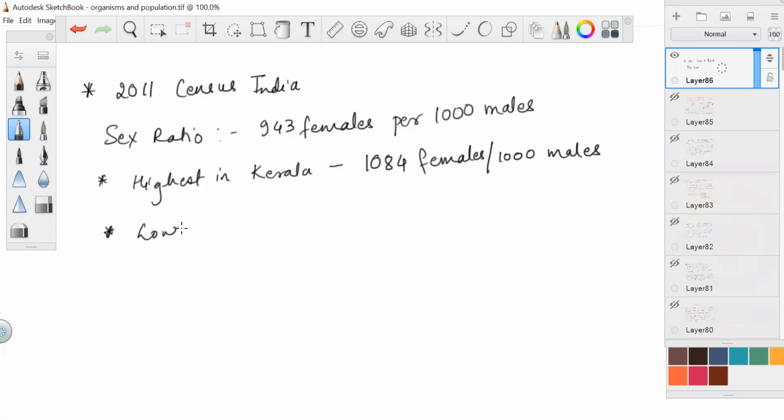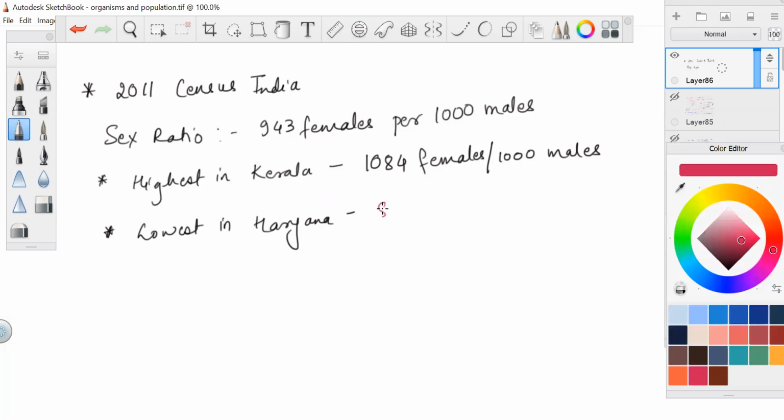Lowest is in Haryana, 879 females per 1000 males.